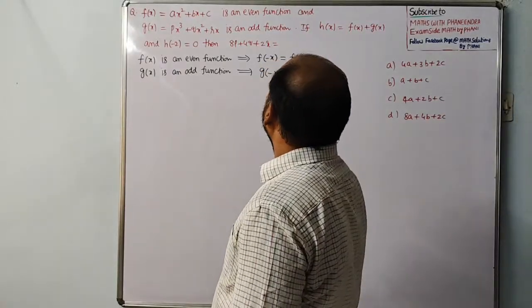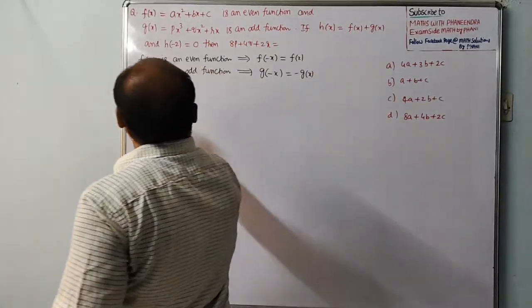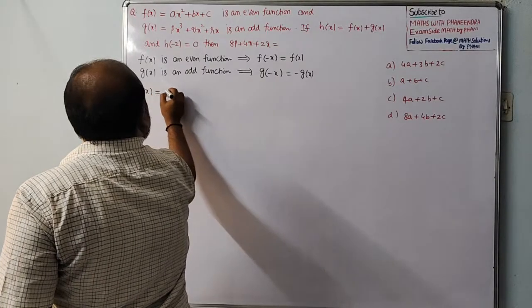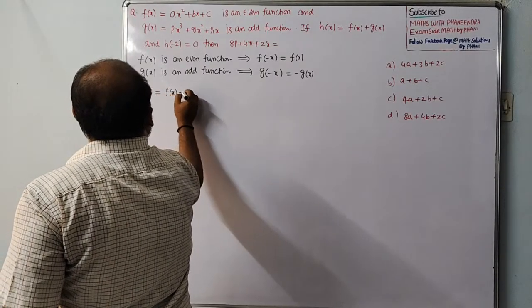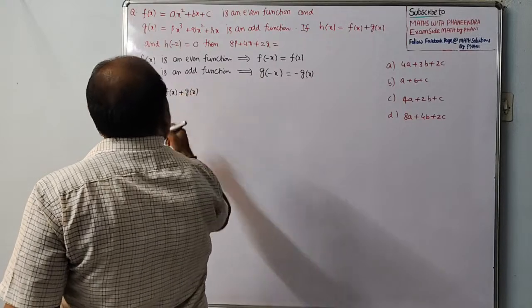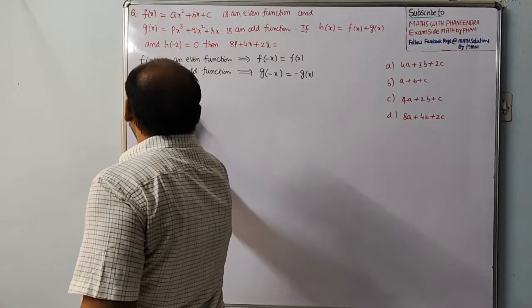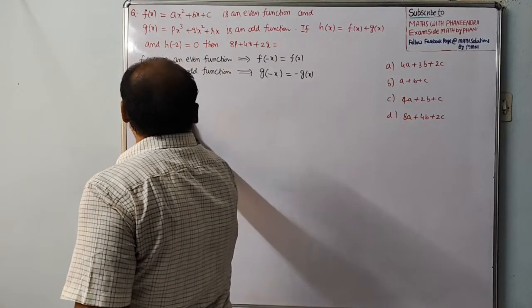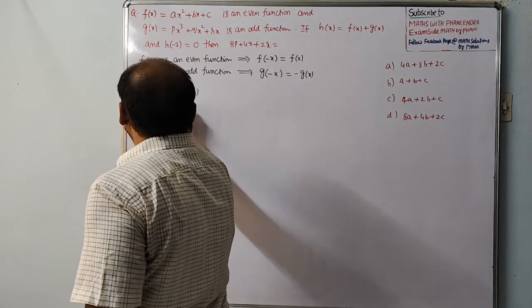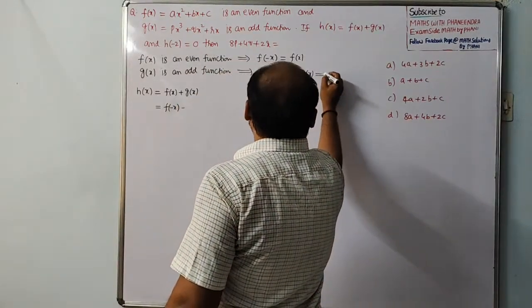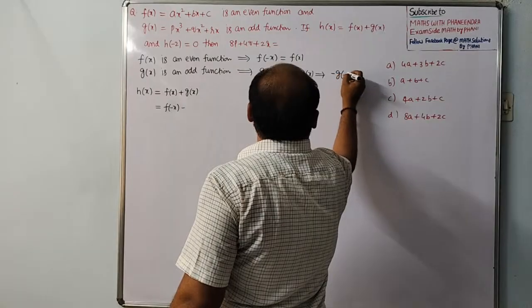Now, h of x equal to f of x plus g of x. So what is the f of x value? Minus f of x is equal to minus f of minus x only, no? And g of x equals minus g of minus x.